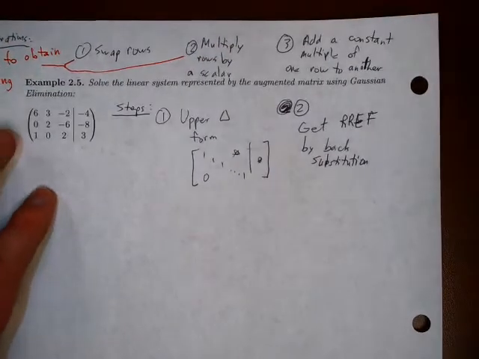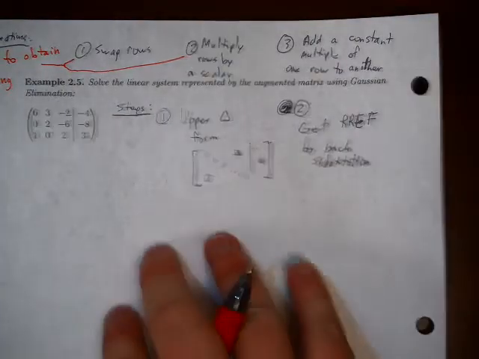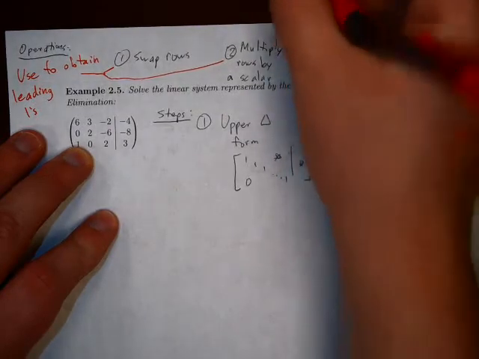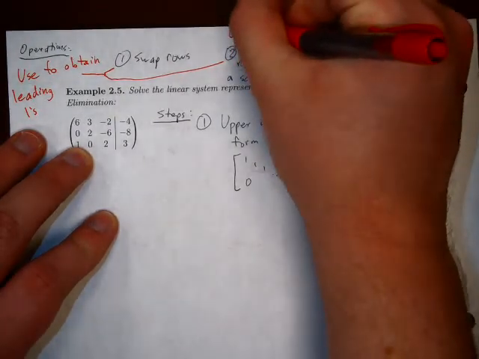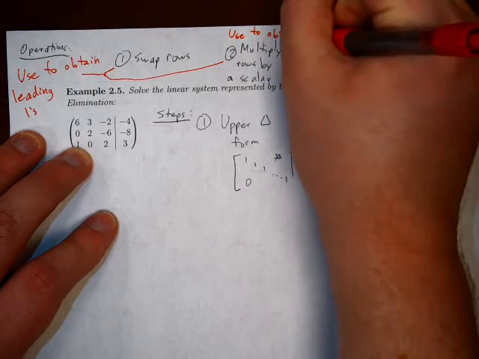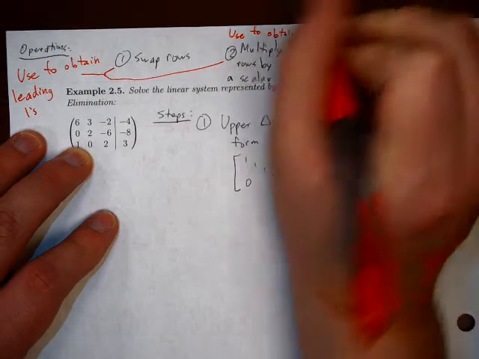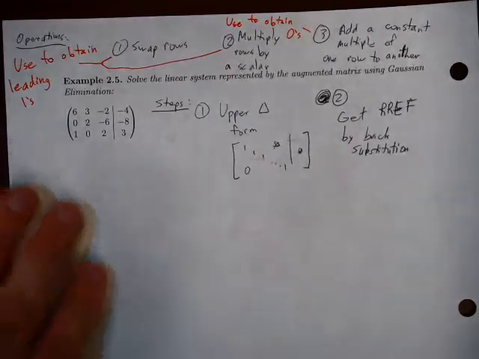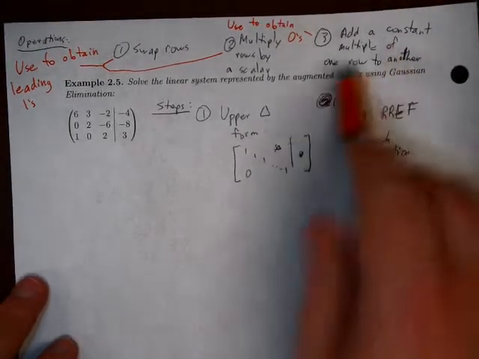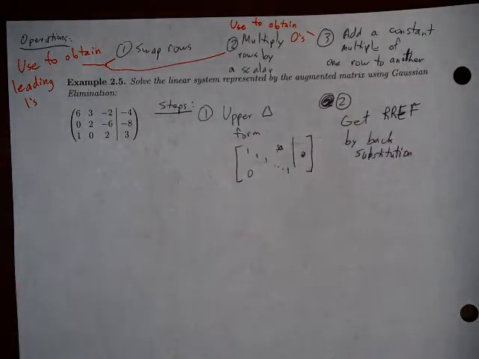This is the only thing you want to do to obtain those leading ones. This last operation you should use to obtain zeros. You'll see that I won't end up using this other operation for most of what I have to do.